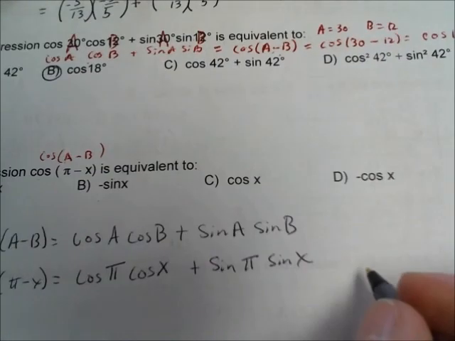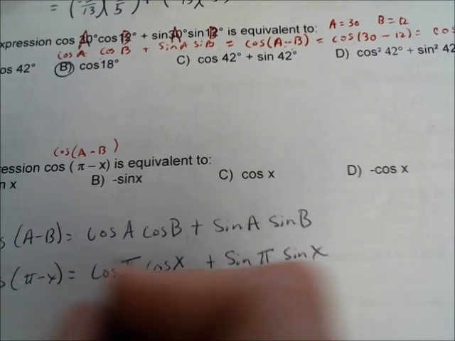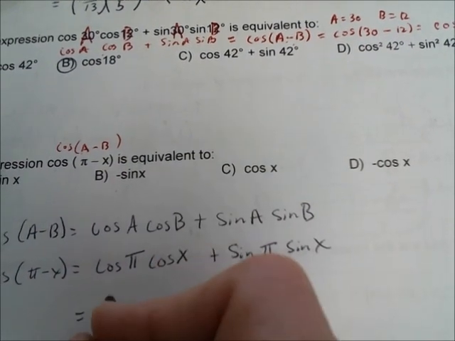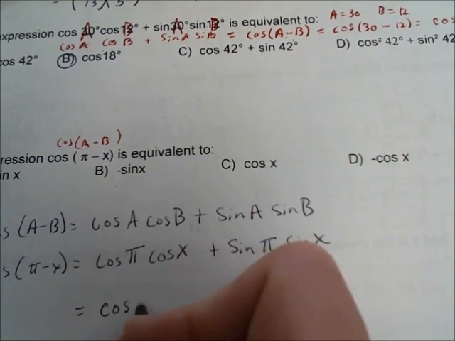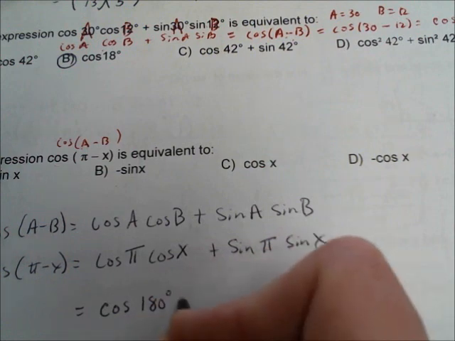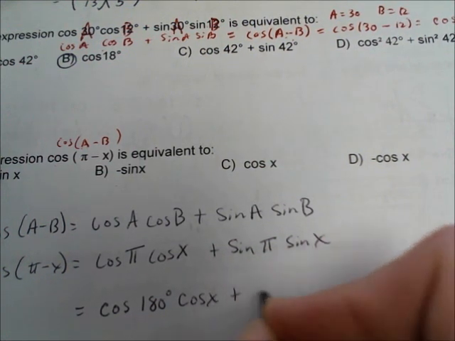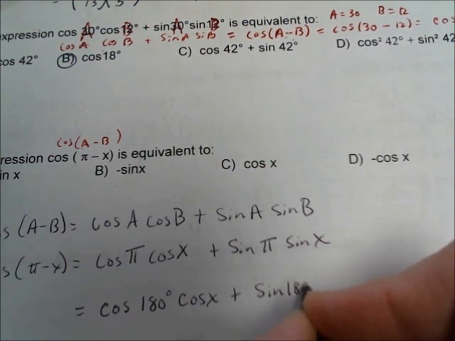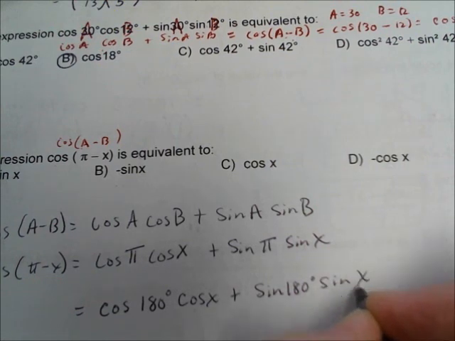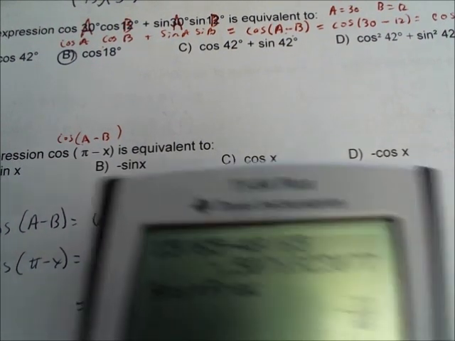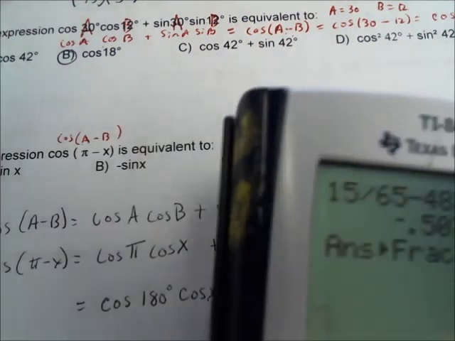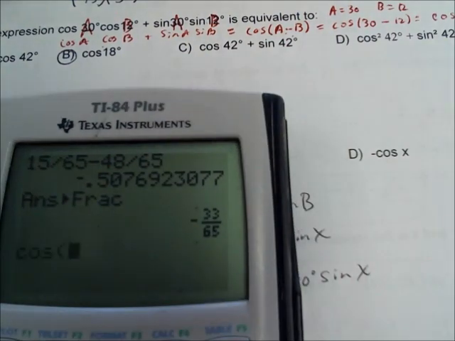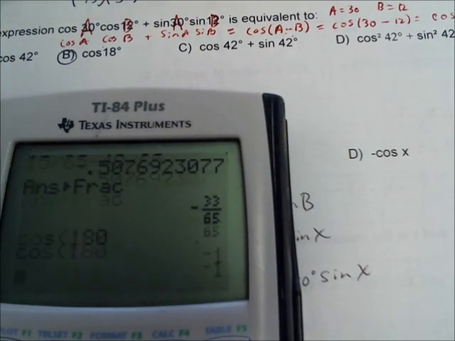Well, pi we're going to substitute in as 180 degrees because it's just a little bit easier for us to work with 180 degrees. So pi radians equals 180 degrees. And if our calculator is in degrees mode, we can actually just figure out what the cosine of 180 is from our calculator, because it's not going to be a radical.